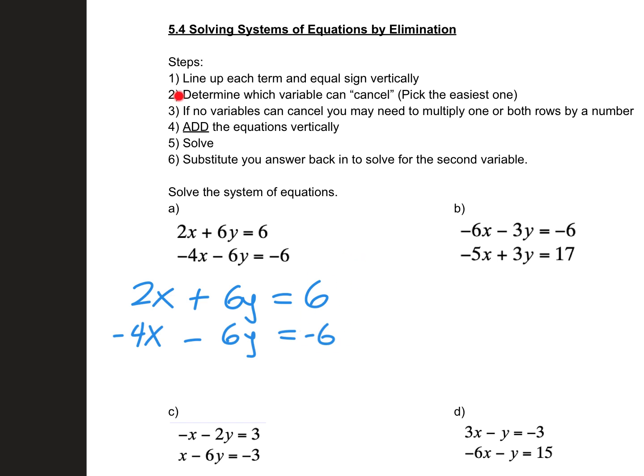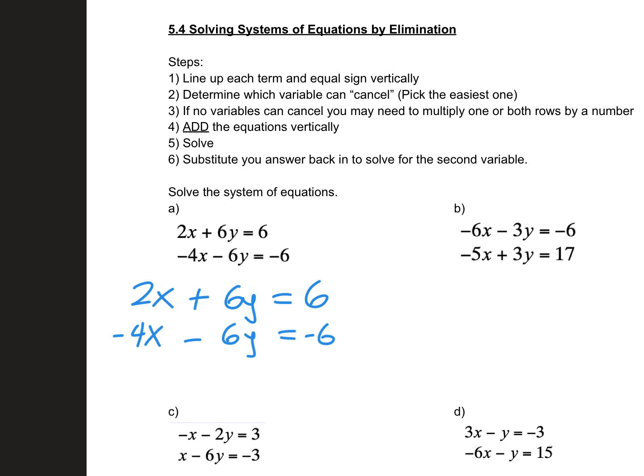Now, step 2 says determine which variable can cancel, and cancels in quotes. What we mean by cancel is terms that will add to 0. If you hear the word cancel, a lot of times we're just trying to add things to 0 or multiply things to 1.